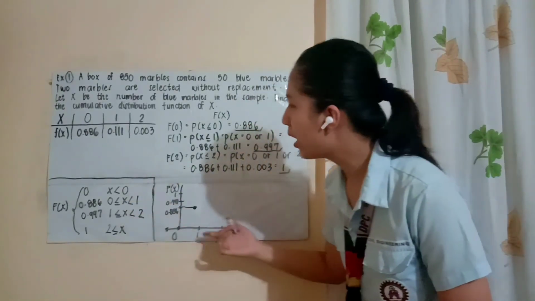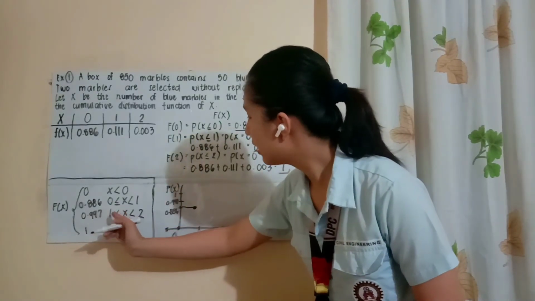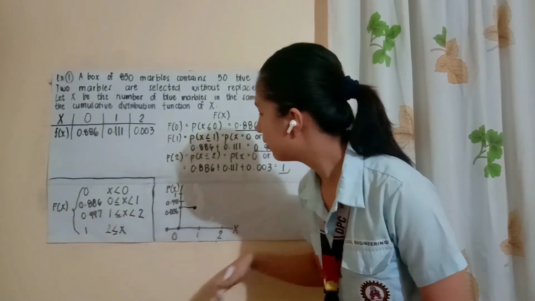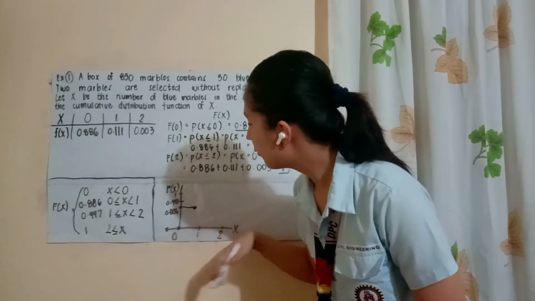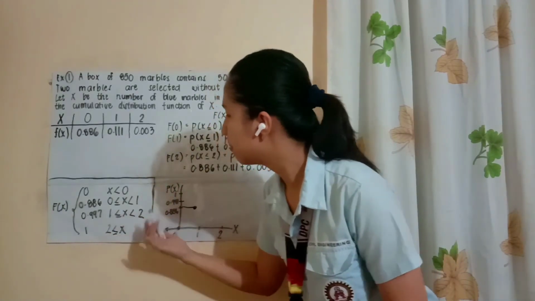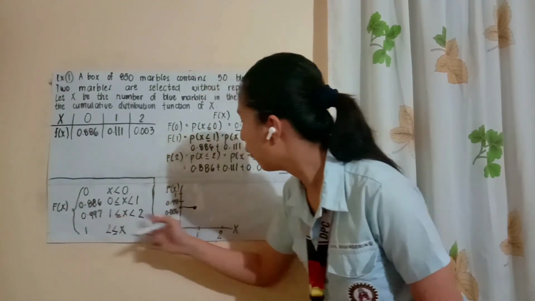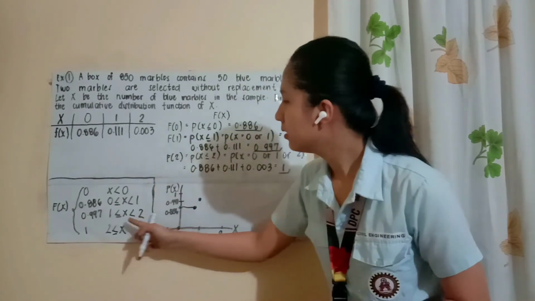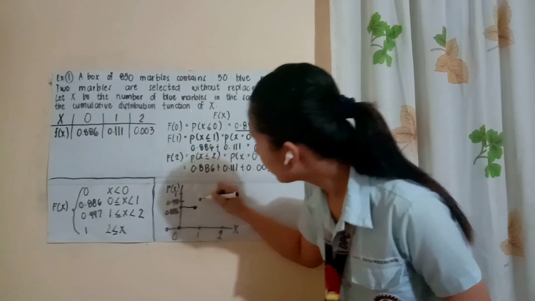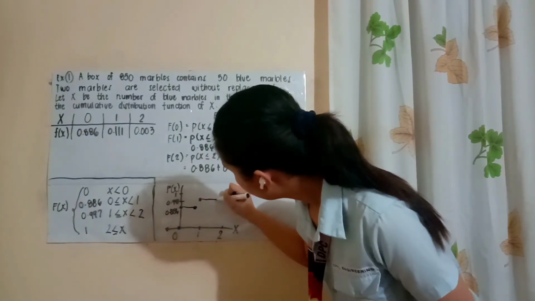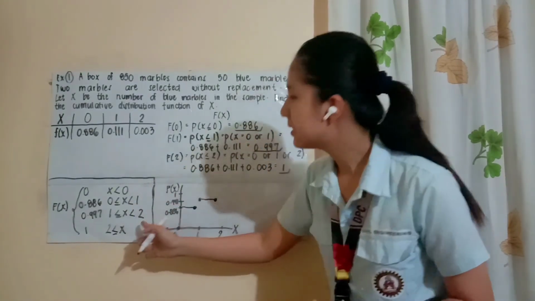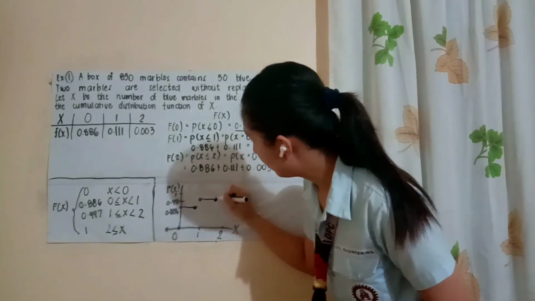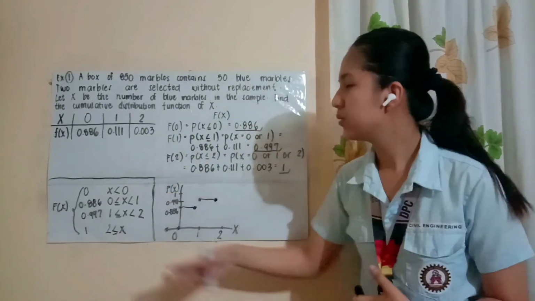And then we have 1 for the 0.997. Paano ba natin siya ipa-plot? We will start in 1, and then papunta kay 2, pero not exact 2 as well, kasi x is less than 2 daw. And the last one, we have 1.